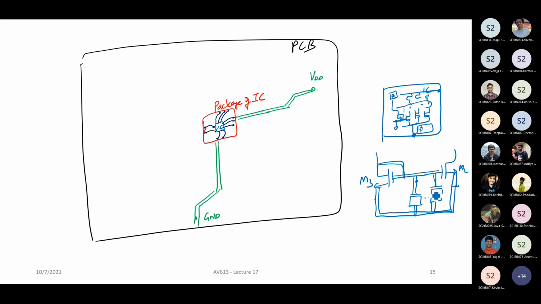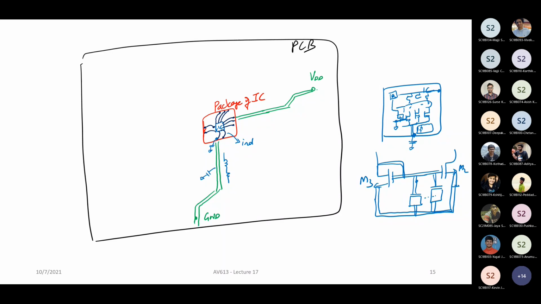Now, finally, this comes out to this bond pad. And as we have seen already, this bond pad will have some capacitance to ground, and this will have some inductance. And then this pad will also have some capacitance to the PCB substrate. And then these traces will have inductance, will have some resistance, and they'll also have capacitance to the ground.